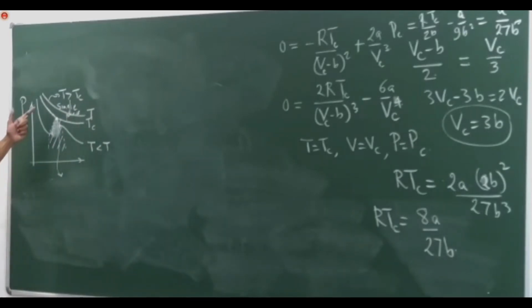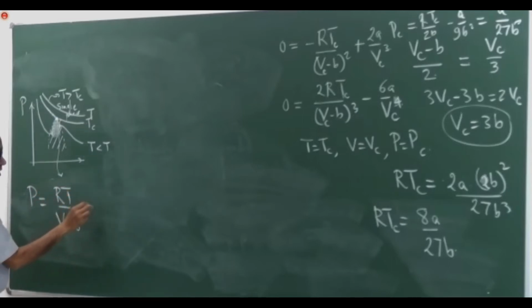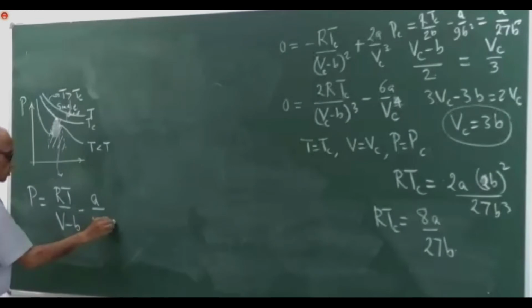These isotherms, if you start plotting them up, they are going to be monotonic curves up to a certain point. You are looking at the function RT over V minus B, minus A over V squared. That's the function that you're looking at.